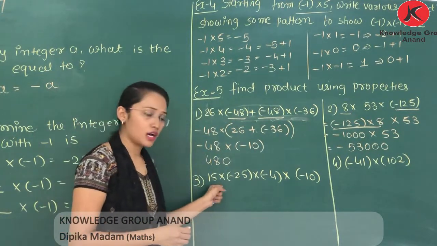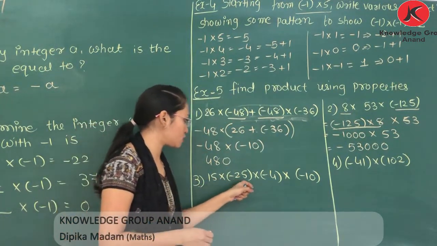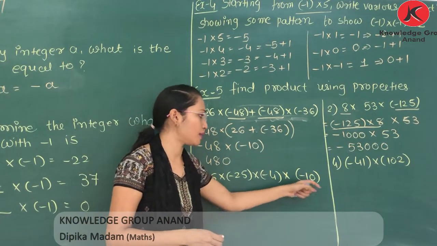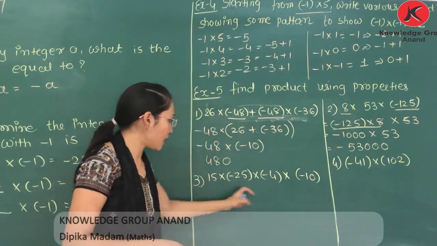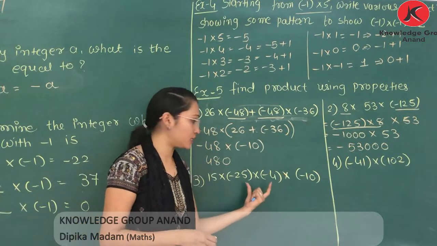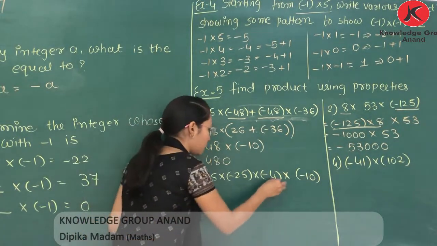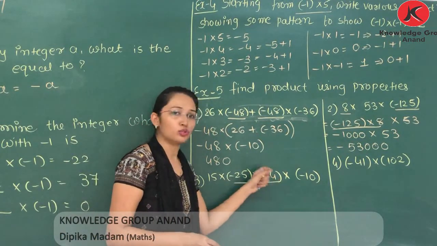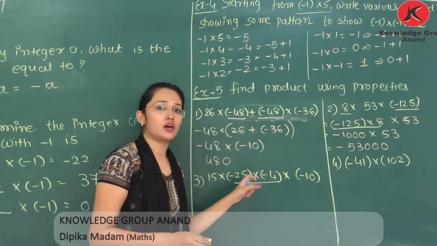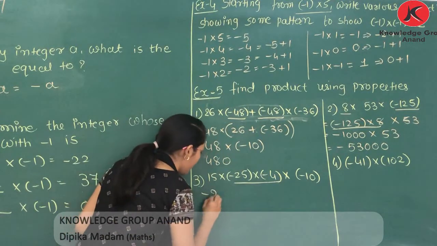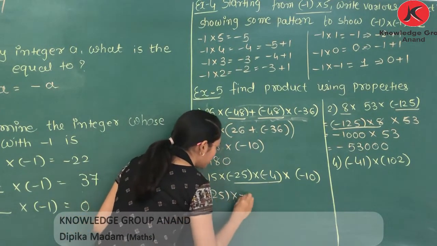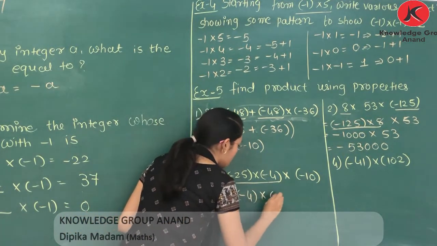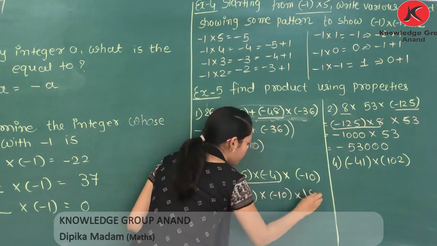Now for the third one, 15 multiply -25 multiply -4 multiply -10. Can you see any numbers that make the multiplication easier? Yes, 25 4s are 100. -25 -4, two negative signs means it is a positive 100. So first we make a group of the first two numbers, then -10 and 15.